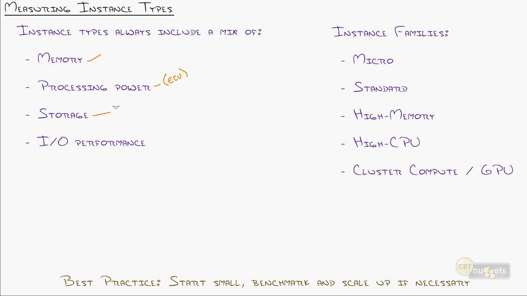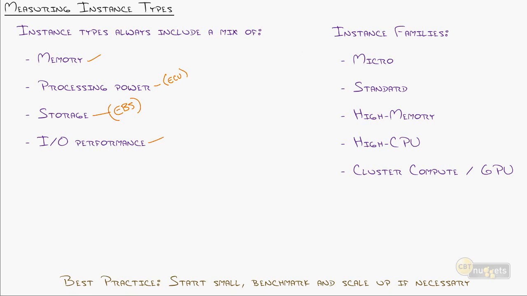You get some elastic block store that's included as part of that hourly charge that you pay to run the server, which is great. So you don't have to pay, at least to get started, for extra EBS storage. And then finally, you have the I/O performance, which, again, I'm going to talk about later, which is hugely important in terms of how well your instance runs in the cloud.